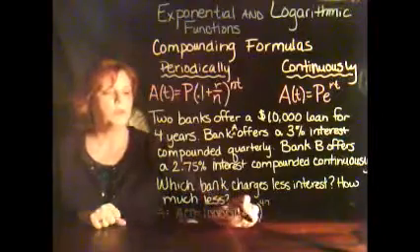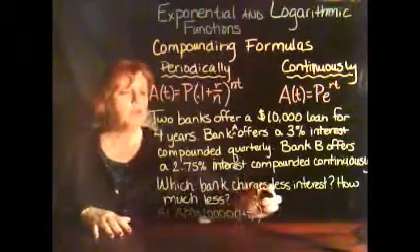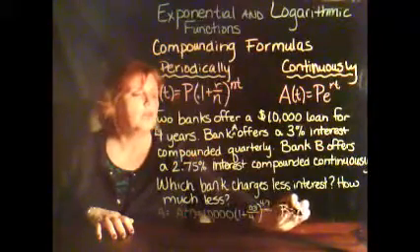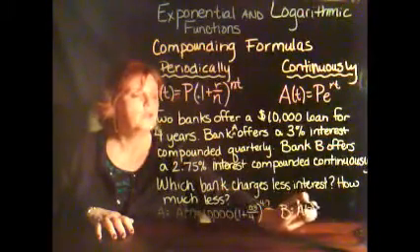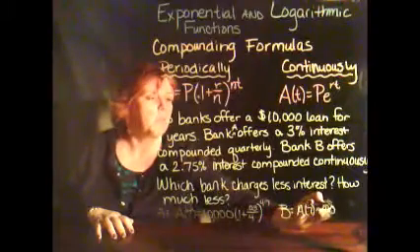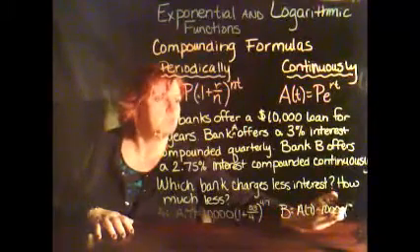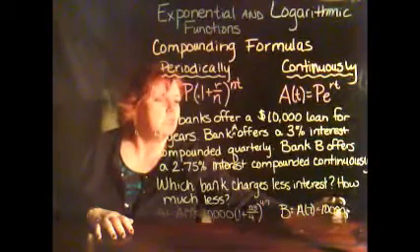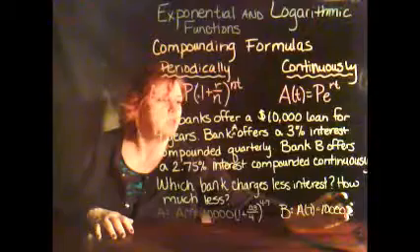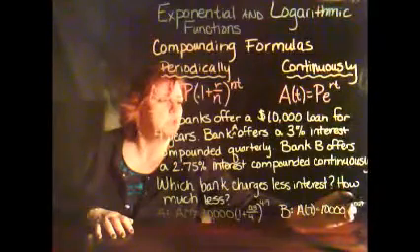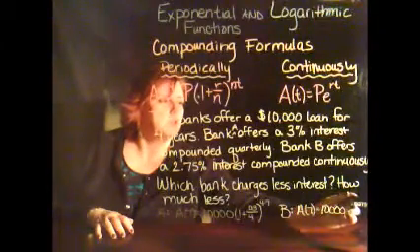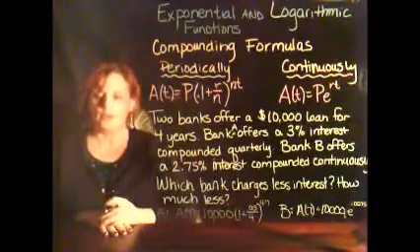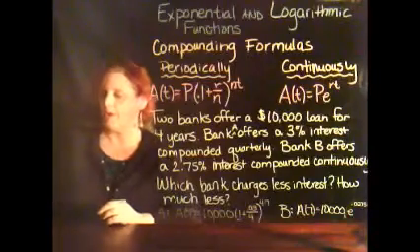So we're going to enter that into our calculator and get an answer, and then we'll compare that to Bank B, which will set that accrued over 7 years, will be the principal times E, raised to the rate, which is 0.0275, times the 7 years. So enter those both into your calculator and determine what answer you get.